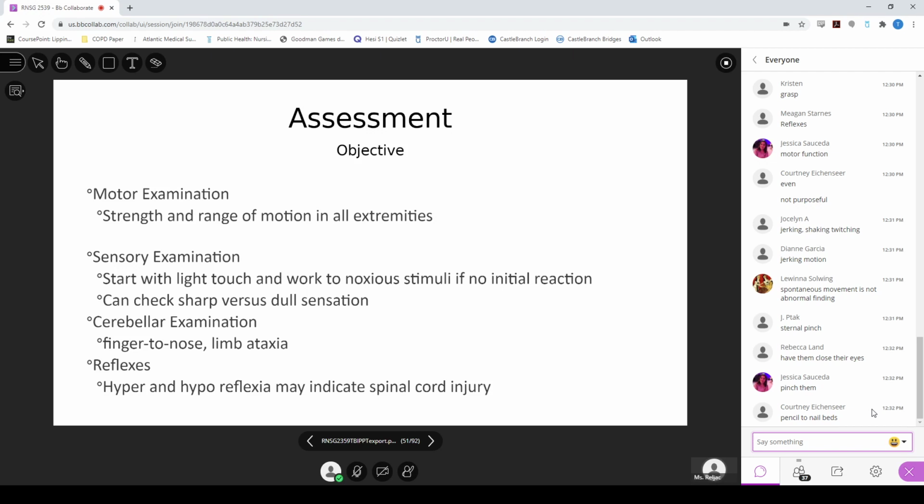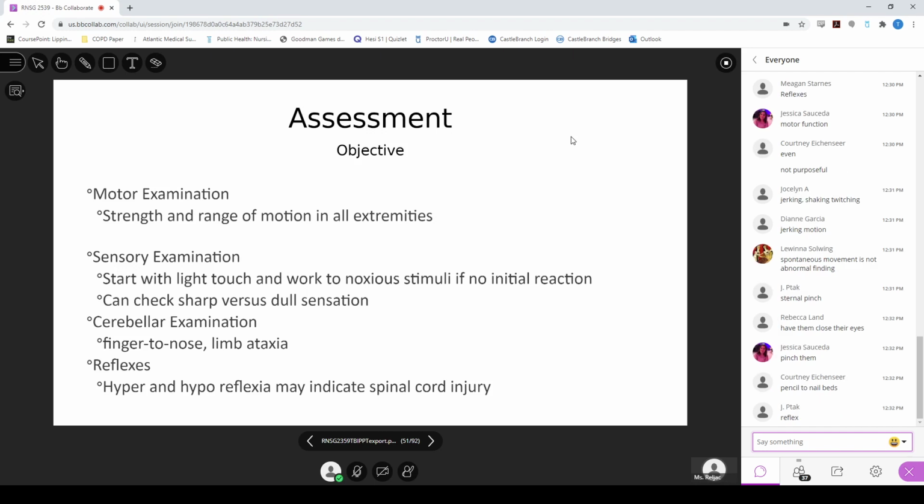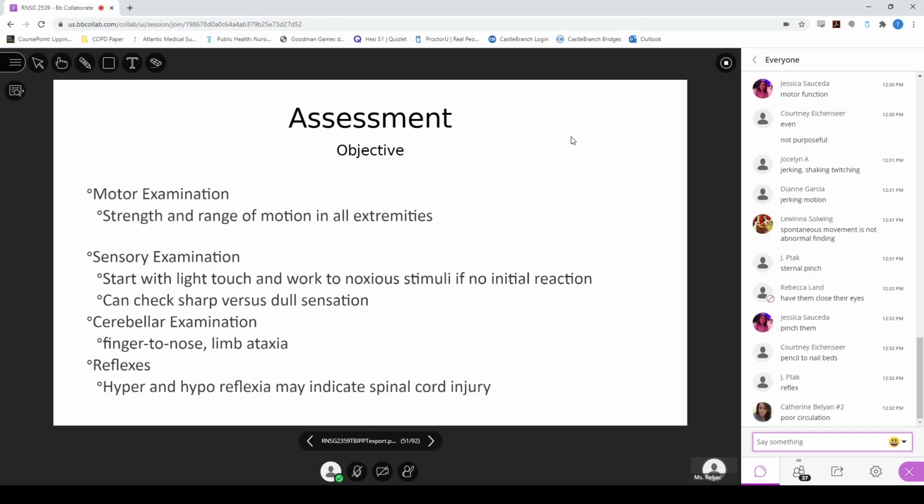Sternal pinch, yes. Sternal pinch would be how you would assess for painful stimuli. And that involves pinching the pectoral muscles, which is where you get the best response. Why do you not want to use peripheral, like their hand or their forearm? What kind of reflex?